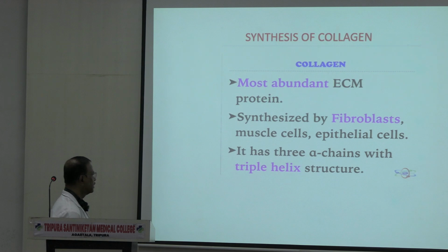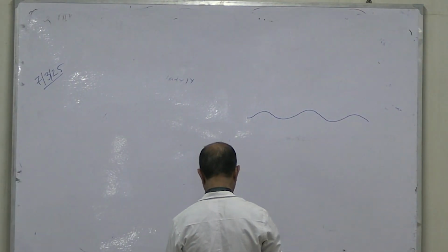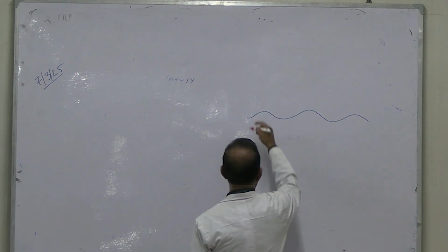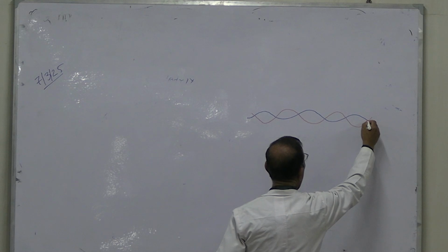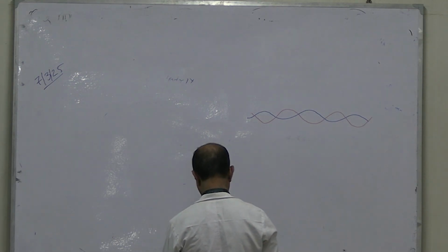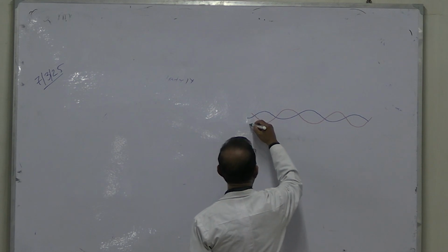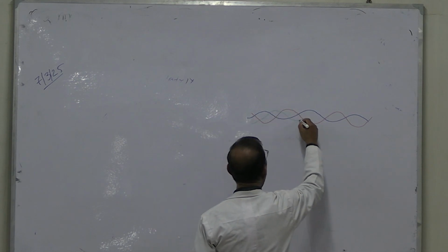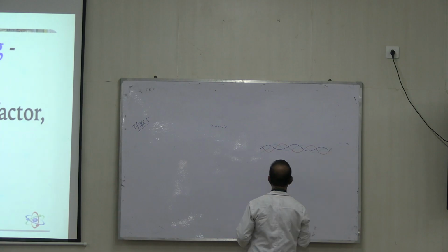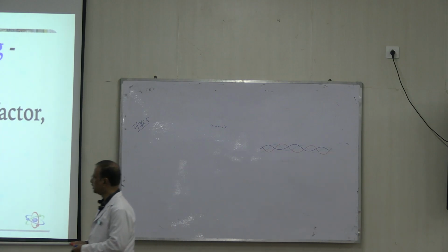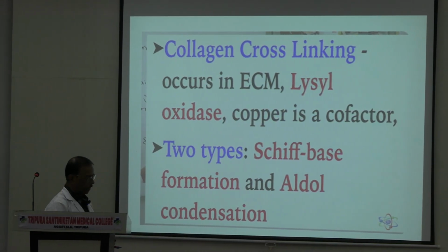It has 3 alpha chains, wound around each other.